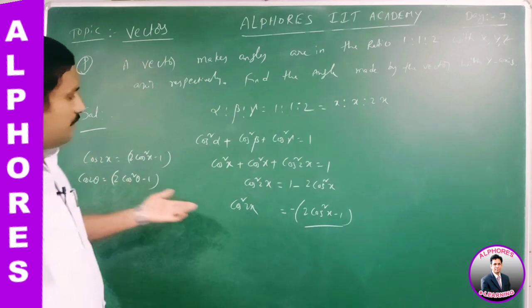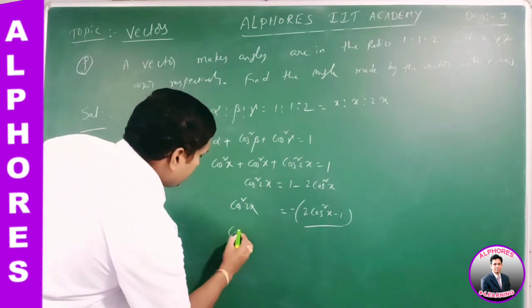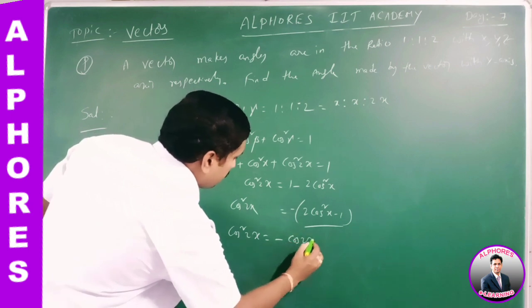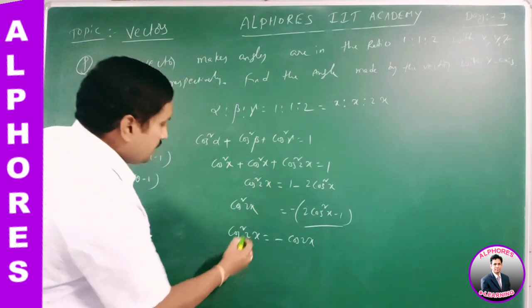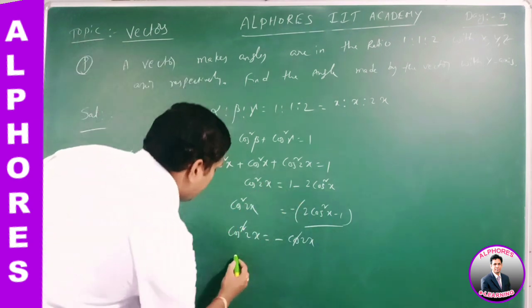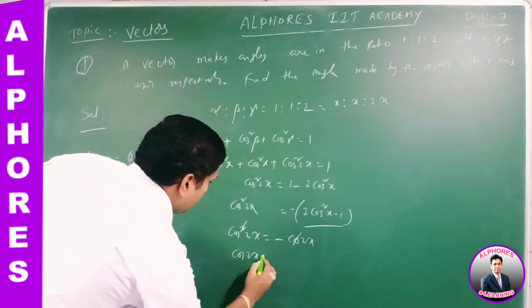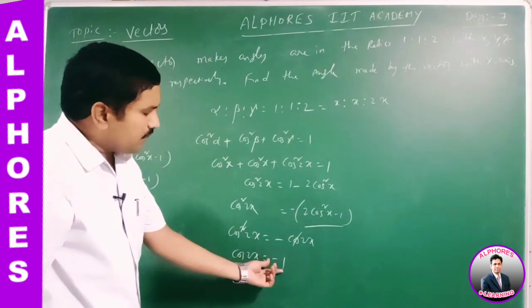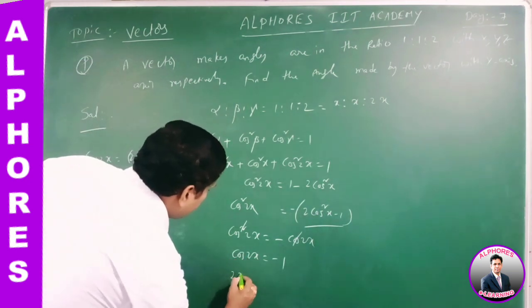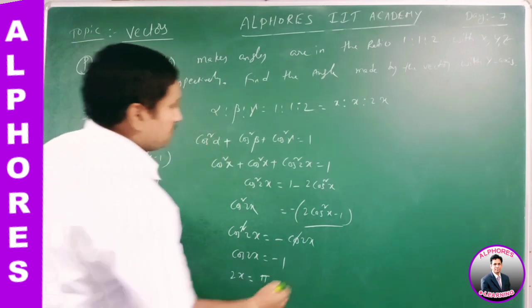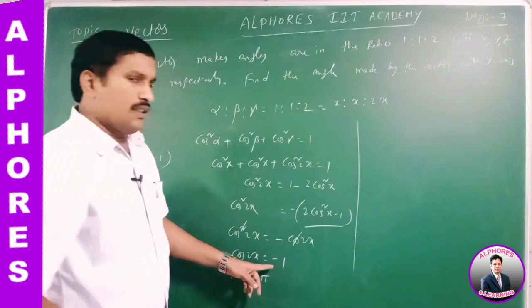By this, I can write cos square 2x is equal to minus cos 2x. Here the cos 2x on both sides will cancel, and we get cos 2x is equal to minus 1. If cos 2x is equal to minus 1, then the value of 2x is pi, that is 180 degrees, because cos 180 is equal to minus 1.